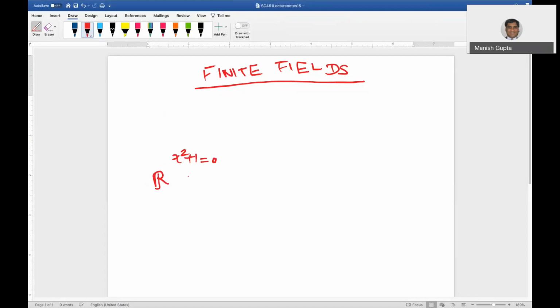Suppose i is the root, meaning i square plus 1 is equal to 0, right? Such that a and b are reals, right? So this is how we constructed the field of complex numbers.